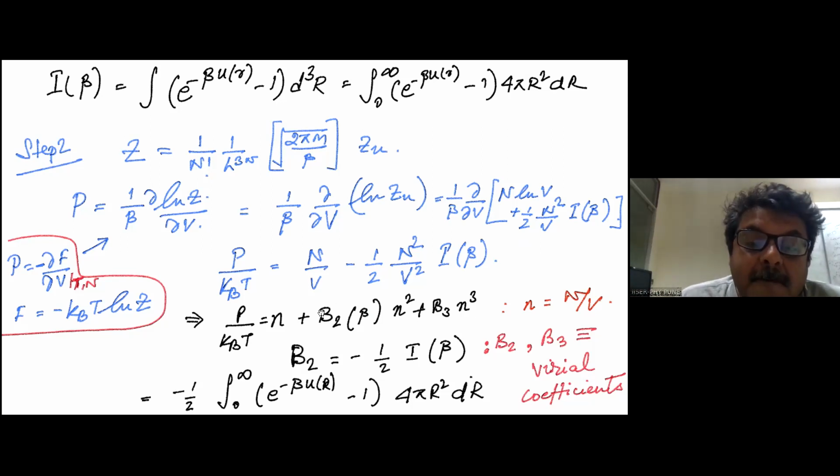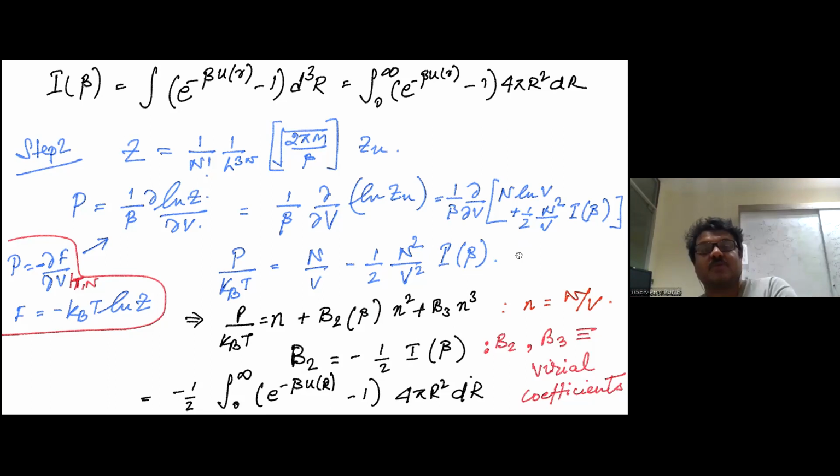So then this second virial coefficient we are able to calculate from microscopics, where B2 is minus half I beta, and I beta is minus half integral 0 to infinity of e to the power minus beta u(r) minus 1, 4 pi r squared dr, which is this expression. So the second virial coefficient can be written down if you know, or if you can correctly guess, the u of r.